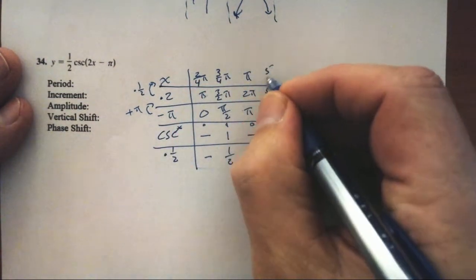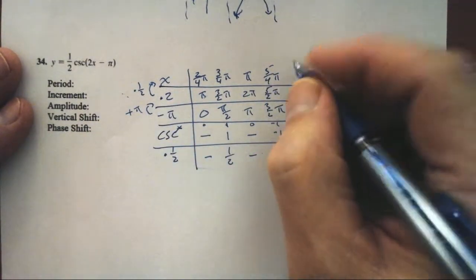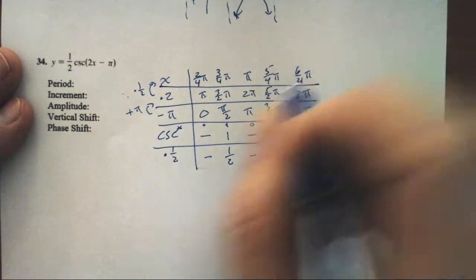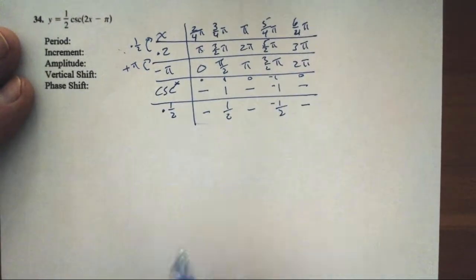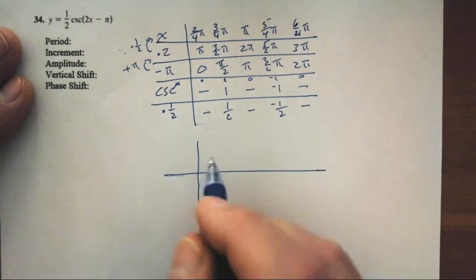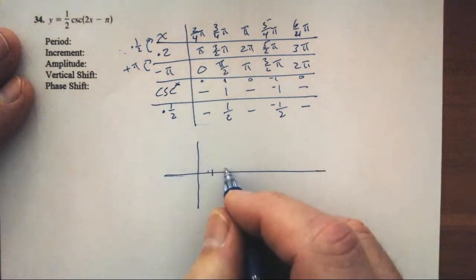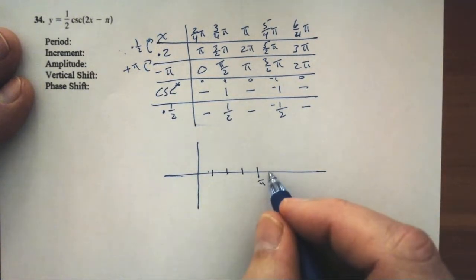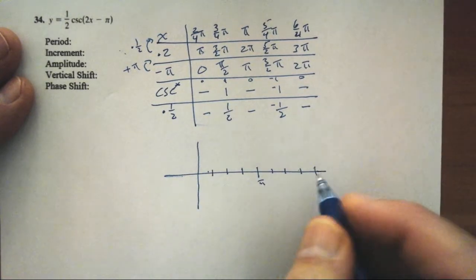Pi, 5/4 pi, 3/2 or 6/4 pi. So 2/4, 3/4, 4/4, 5/4, 6/4. I'm going to make tick marks by 1/4 pi's. I'm not going to put a tick mark here and just immediately call it 2/4 pi. That's 1/4, 2/4, 3/4 pi, 5/4, 6/4, 7/4, 2 pi.